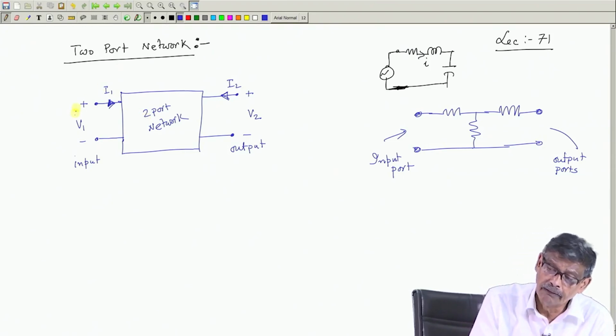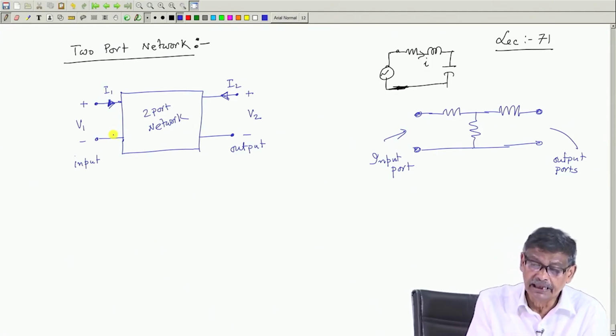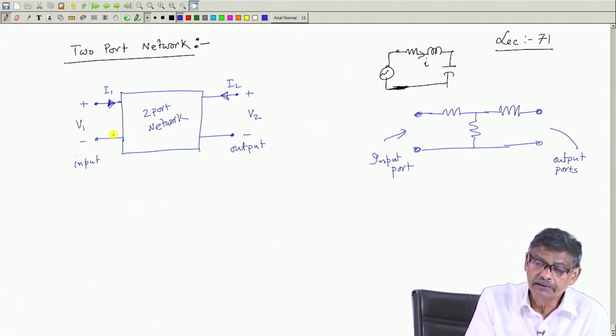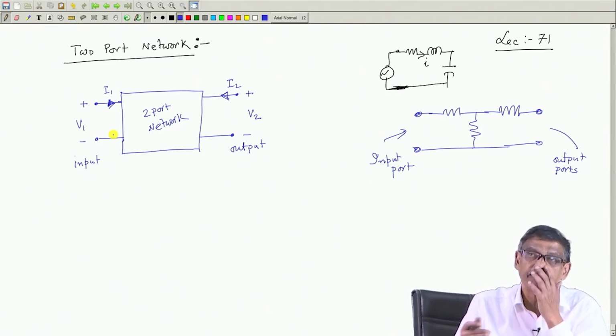Now, what people do is this, they try to relate V1, I1 and V2, I2 in some algebraic form of equations.